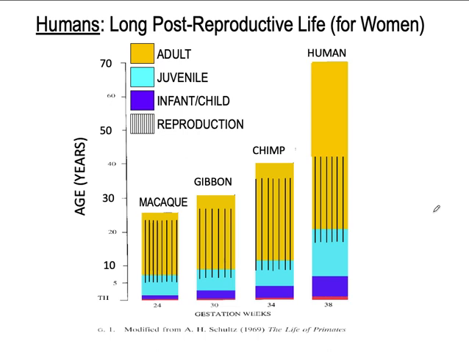Think about the disposable soma theory. In other words, a longer life means that energy is diverted from reproduction. It's channeled away from reproduction. And so how could that be beneficial if you aren't reproducing during your later life?